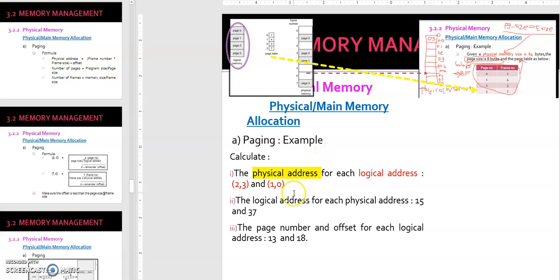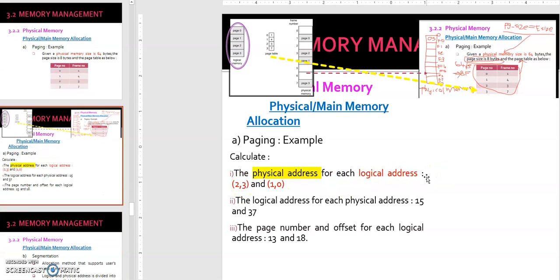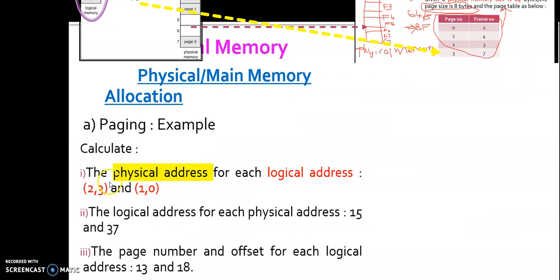Now let's go back here. This 2 refers to the page, page 2, and 3 is the offset. So 3 is the offset, and 2 is the page number. Let's do the first one.